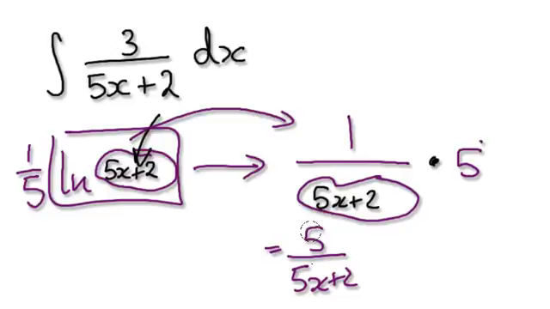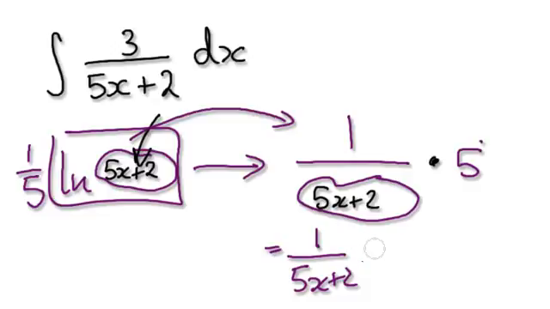If we make this adjustment here, when we differentiate the whole thing, it would give us one like this. But then we now want to times this by 3 to get this 3 here.